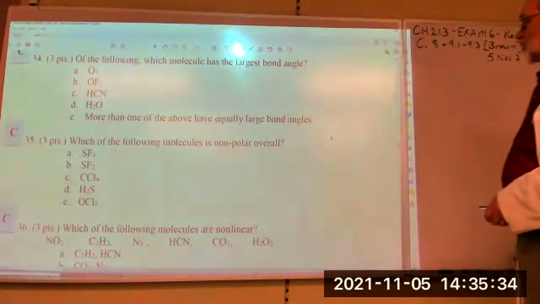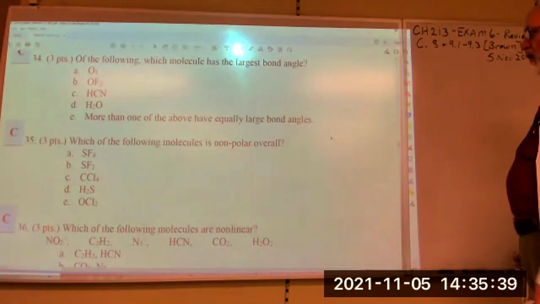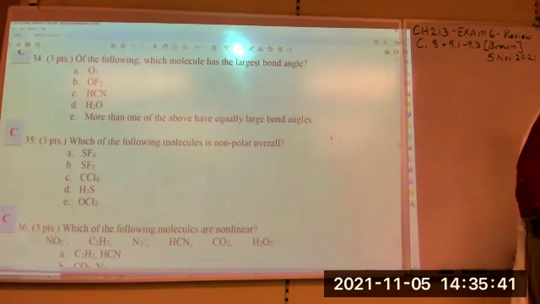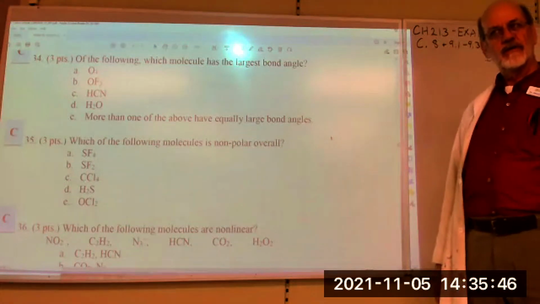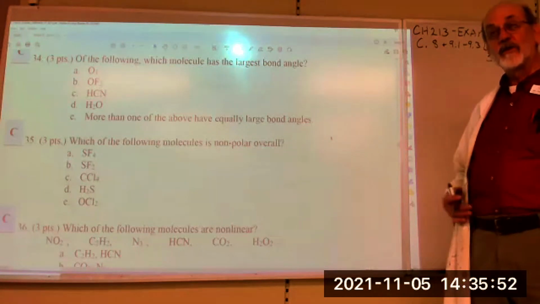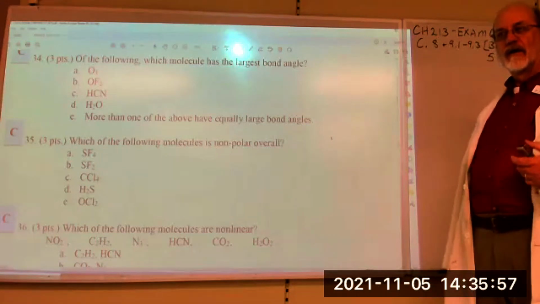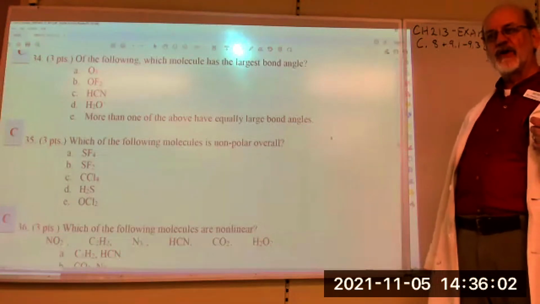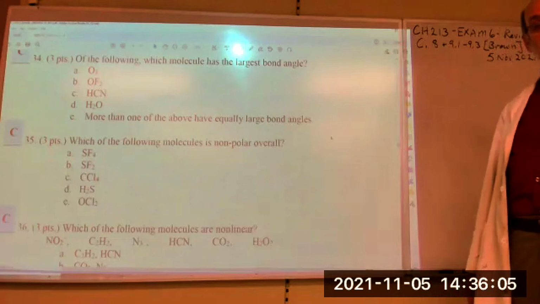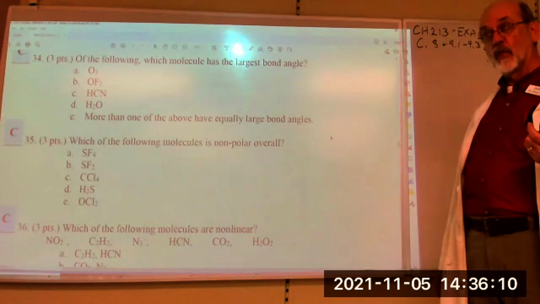Which molecule has the largest bond angle? What would be the largest bond angle in a molecule? Well, we know tetrahedrals are 109.5. We know trigonal bipyramids and trigonal planars have 120 and 180.